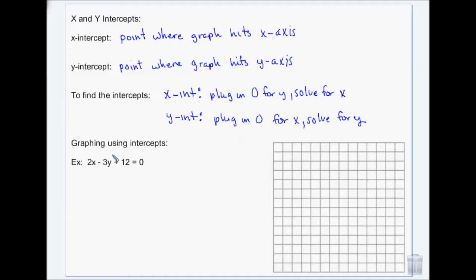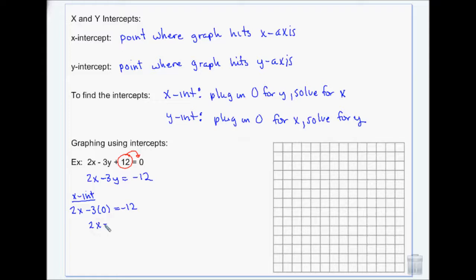So the first thing I'm going to do is put this into standard form. I'm just going to move that 12 over, and that makes it negative. So I just moved it, or you could say add it to both sides, however you want to look at it. Okay. To find the x-intercept, I plug in 0 for y.